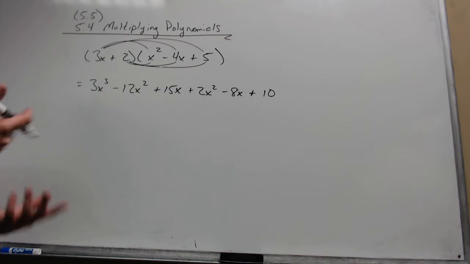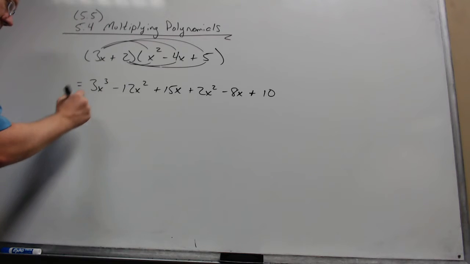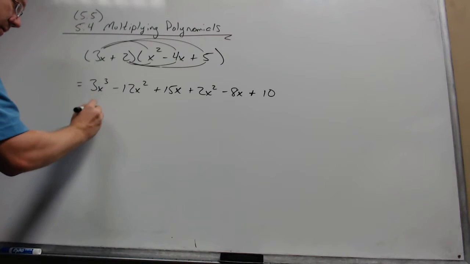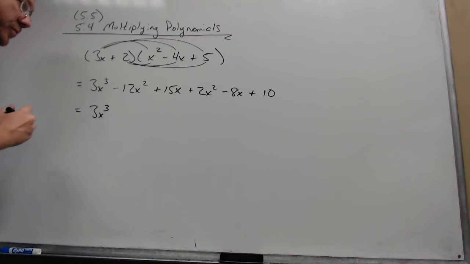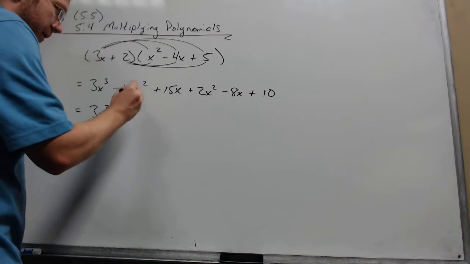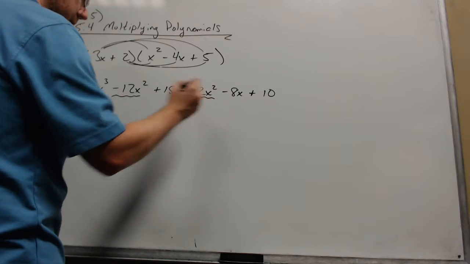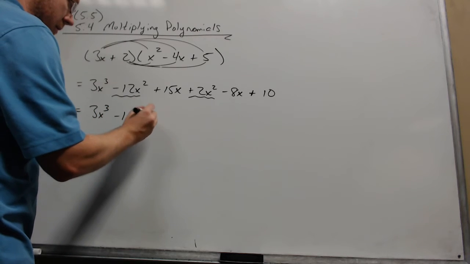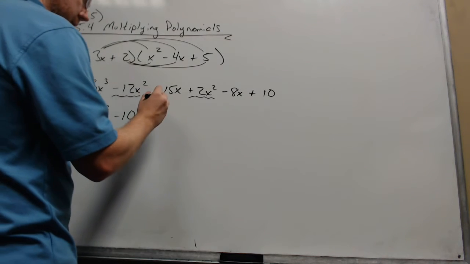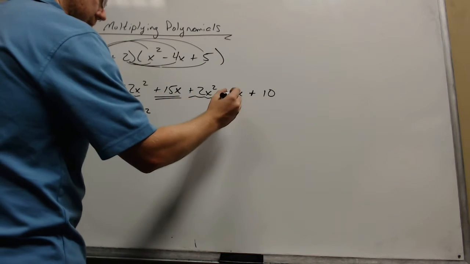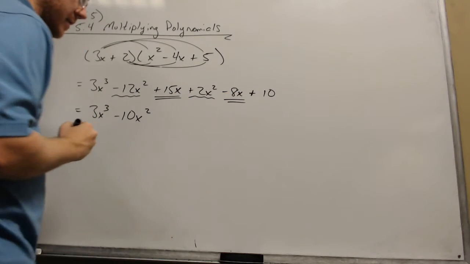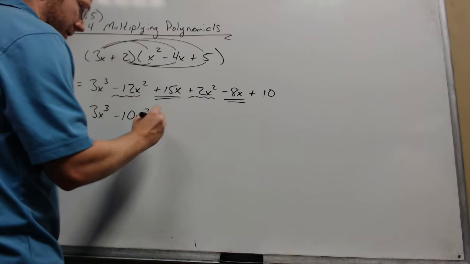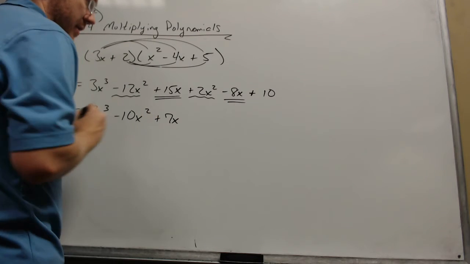And now just group together our like terms. This x to the third is by itself, so nothing to do here. I do have negative 12x squared and positive 2x squared. Negative 12 and positive 2 should be negative 10. And I have positive 15x and negative 8x. Those should group together to be a positive 7x.